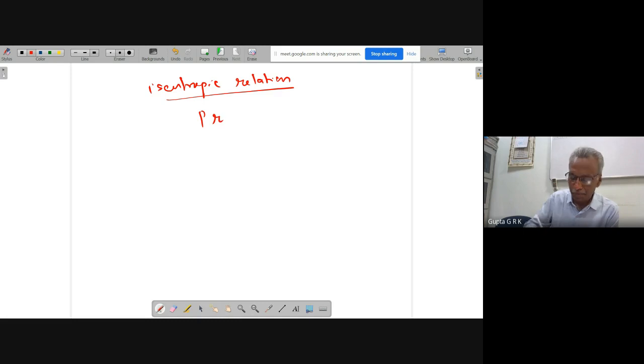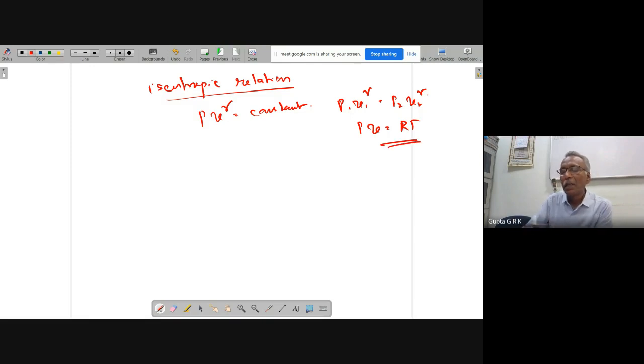PV to the power gamma equals constant. So P1 V1 to the power gamma equals P2 V2 to the power gamma. And also we can use the equation of state, and using these two, you can relate the pressure ratio, temperature ratio, and volume ratio.